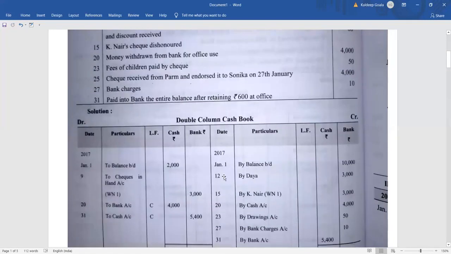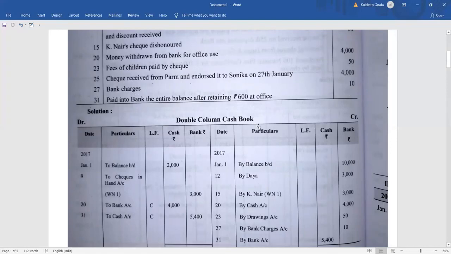So it will be on the credit side, January 23. Why on the credit side? Because the payment goes out, money goes out, credit, right? So 23 by drawings 50 rupees in the bank column because this is going by check. Clear? Then bank charges amounted to how much? 10 rupees.